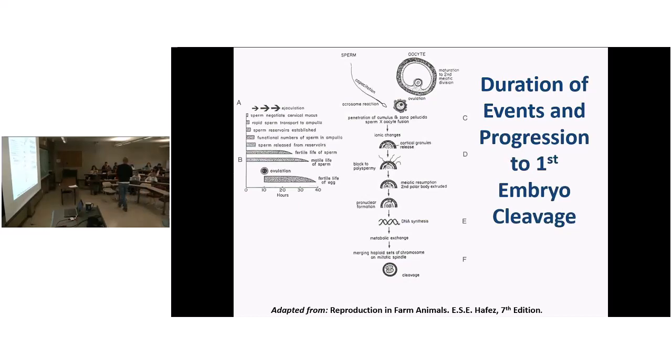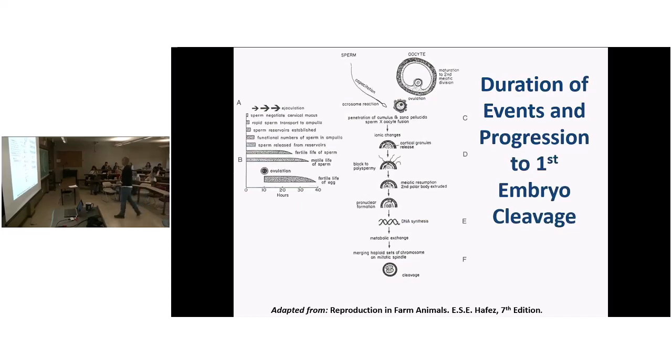Lots of the technologies we use today, for example embryo collection, in vitro or in vivo production of embryos, or transferring embryos from one animal to another, are all done up until a certain stage where the zona pellucida is still intact. It is that important.